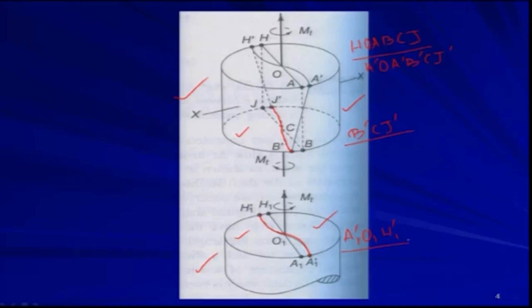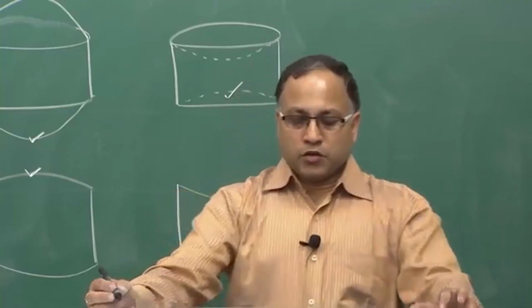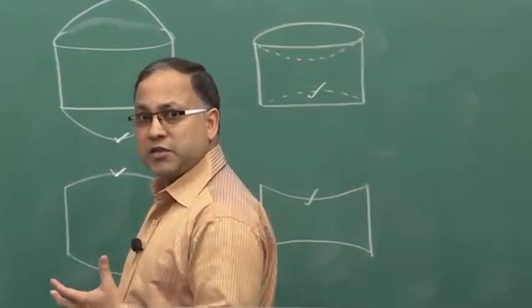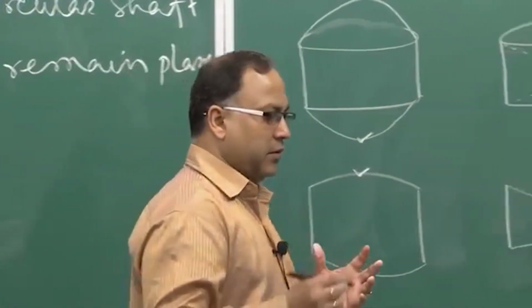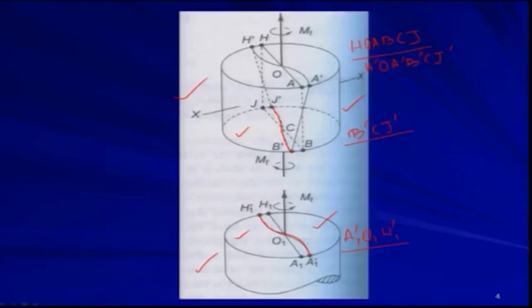They will never match, isn't it? The line on the bottom surface is not matching with the line on the top surface of the next segment. So, therefore, there is some ambiguity which has to be resolved.